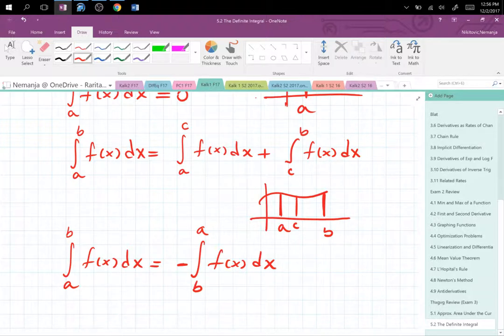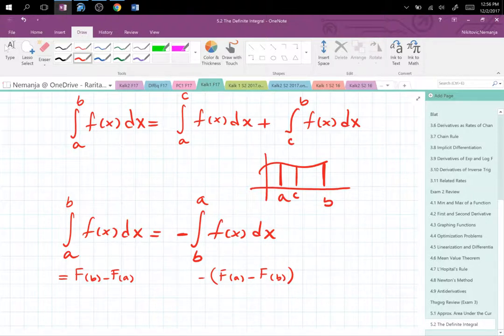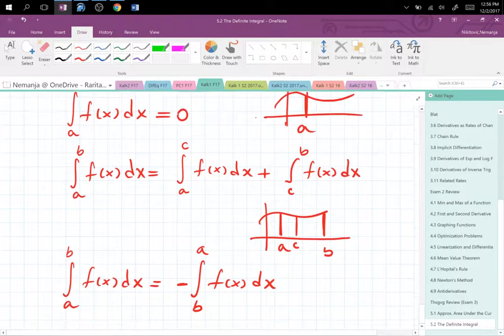That should also be common sense, because this side is going to be F of b minus F of a, and this side would be negative F of a minus F of b, and when you distribute the sign, you get the same on both sides. That's a proof for those of you interested in proofs. So these are the 3 formulas that you need to know for definite integrals.